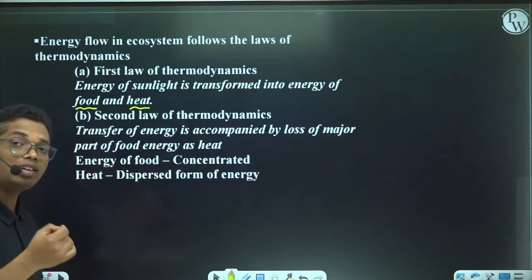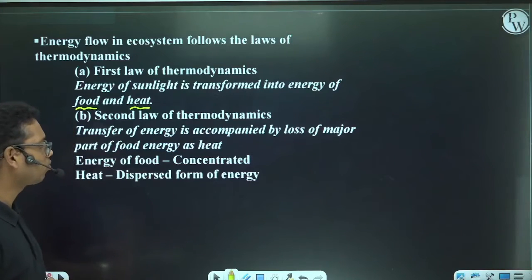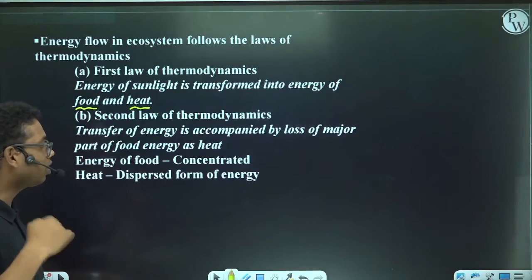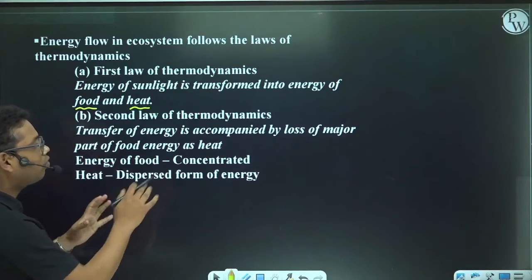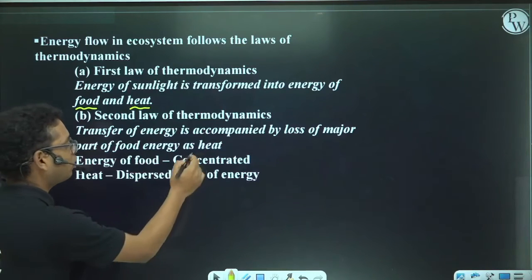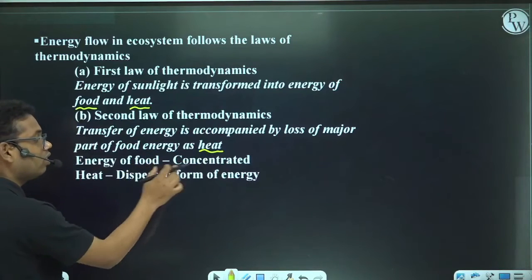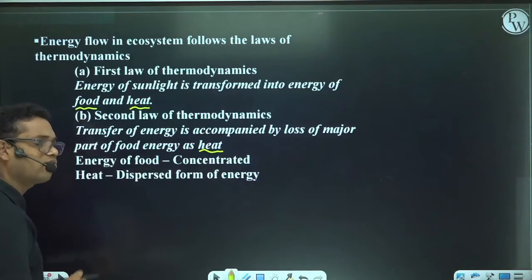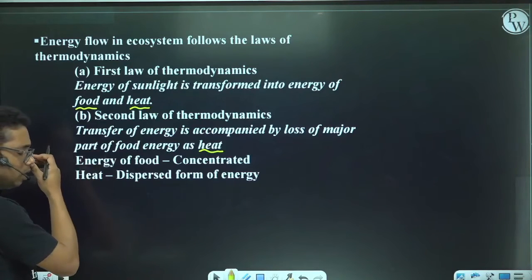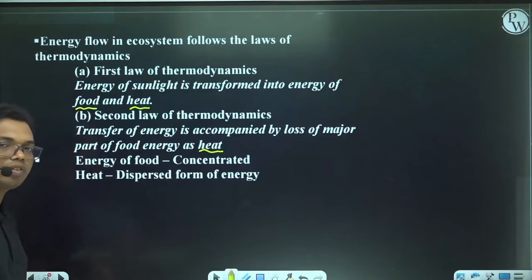That means when the energy is transferred from one trophic level to another, the transfer is accompanied by loss of a major part of energy, and that energy which is lost is mainly in the form of heat. The energy present in the food is in concentrated form, and the energy in the form of heat is called dispersed form of energy.